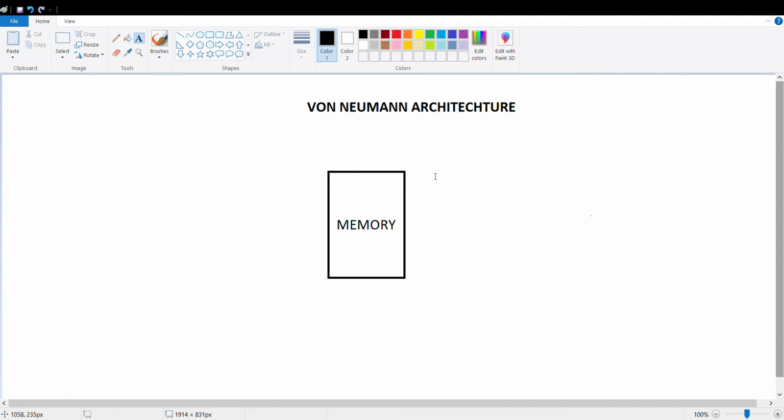Let's see what the other part is, and the other part is the CPU. Let me draw the CPU too.